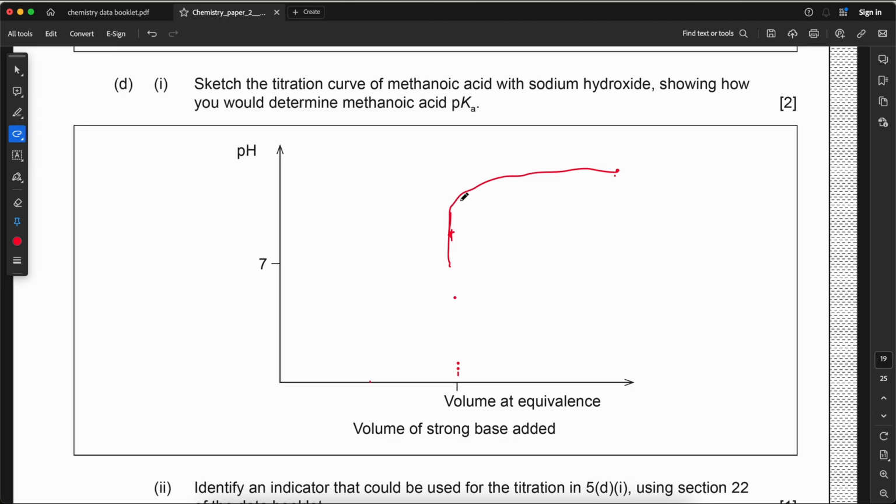Okay, so we start at around maybe 4. So this one maybe 4, and pKa will be half of this, so I will do it like this.